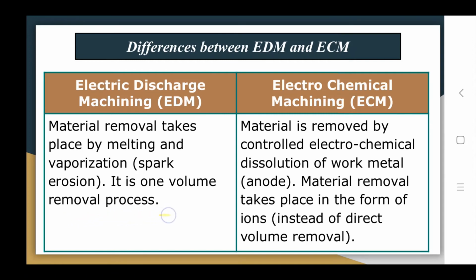But in electrochemical machining, material is removed by controlled electrochemical dissolution of the work metal, that is the anode, and material removal takes place in the form of ions, instead of direct volume removal.